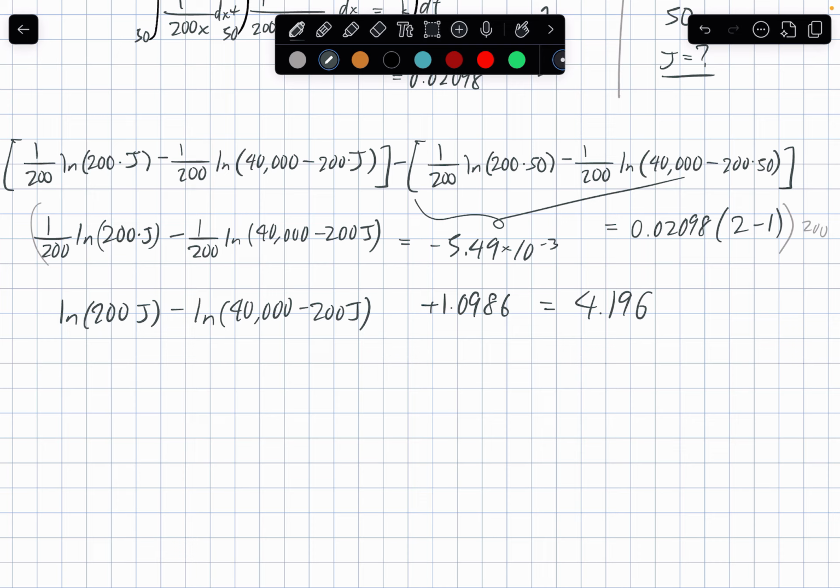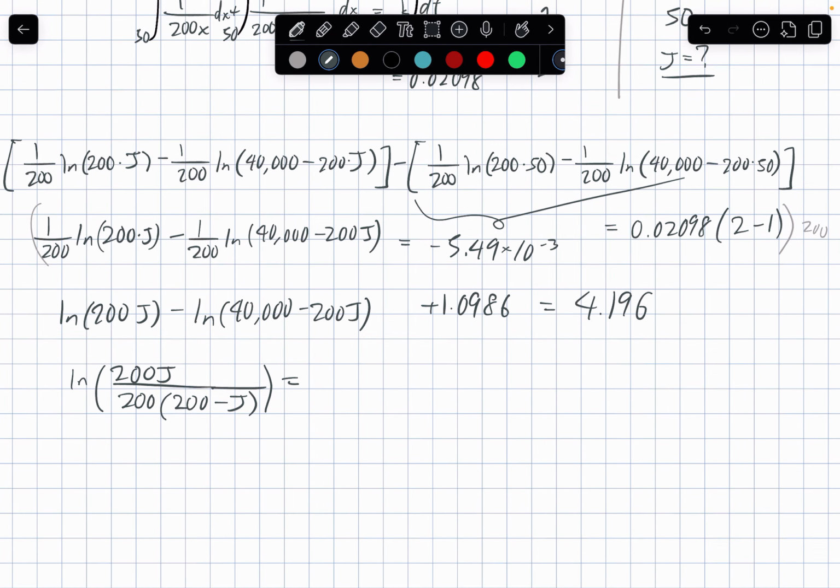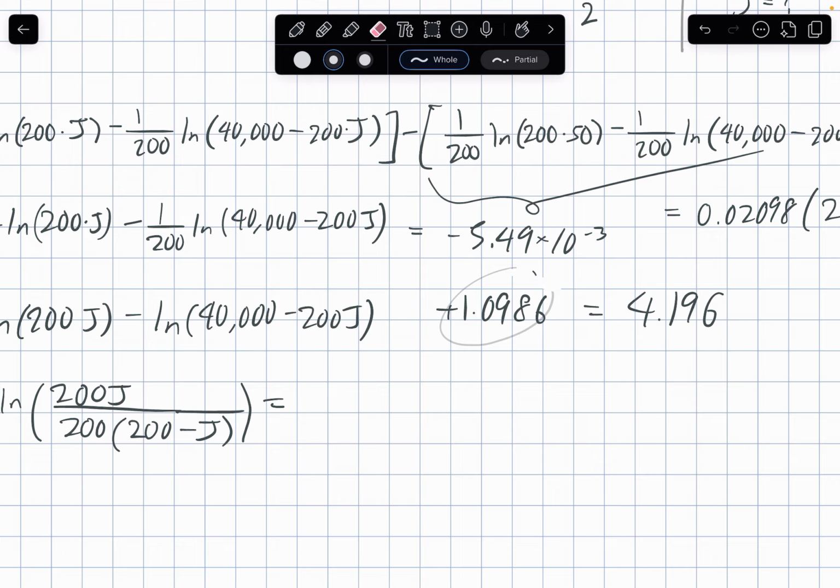Okay. Let's narrow it down further. We can simplify LNs this way. 40,000. Let's factor out 200 minus j. Okay. And then the other side, transpose this to the right side.